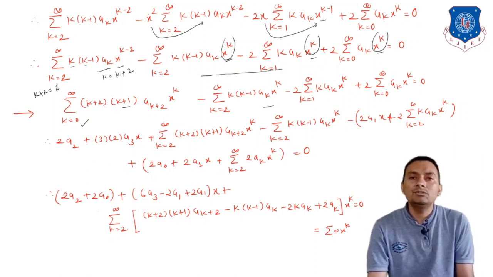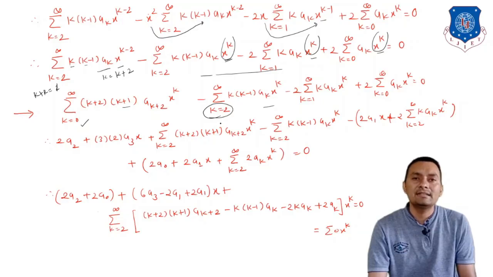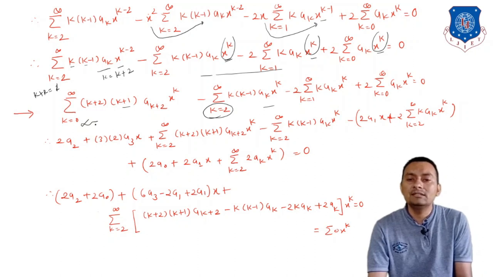Now what I have to do, I have to make the same index. So the highest index is nothing but k equal to 2, that you can say. So I have to make all the index k equal to 2 onwards. So what I'm just going to consider, just put here k equal 0 and 1, then it will be k equal to 2 onwards. So like that here I have to put k equal 1, and I have to put k equal 0 and 1.